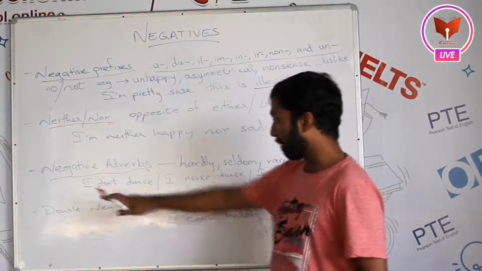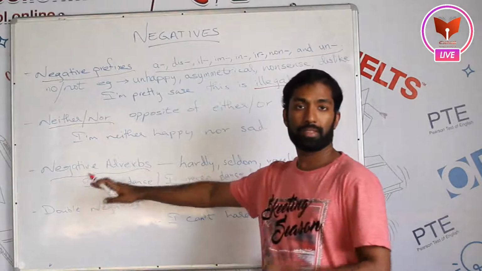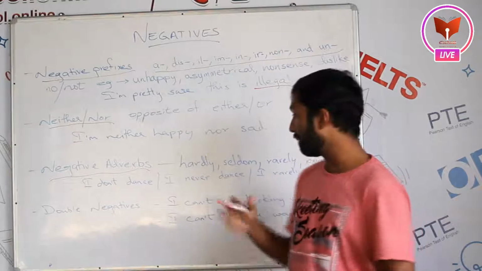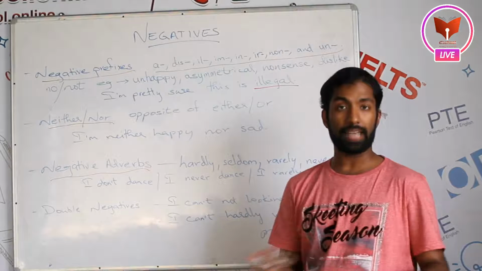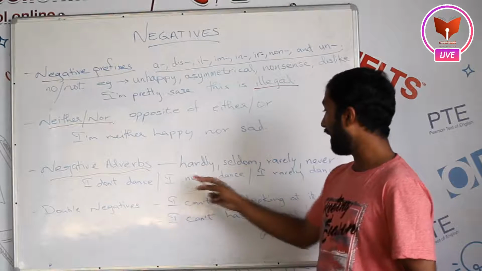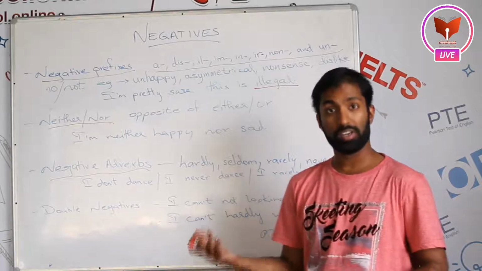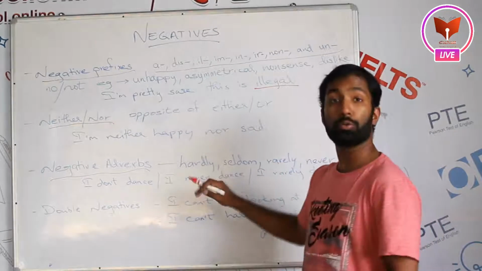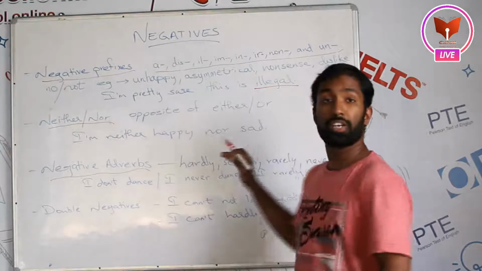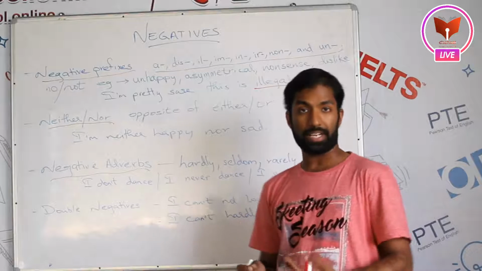Let's take a look at this example. I don't dance. It means that he doesn't dance, right? If we say I never dance, it could also mean that he used to dance, but he doesn't dance anymore. So that's how you can use it. These words are used to negate something to a certain degree.